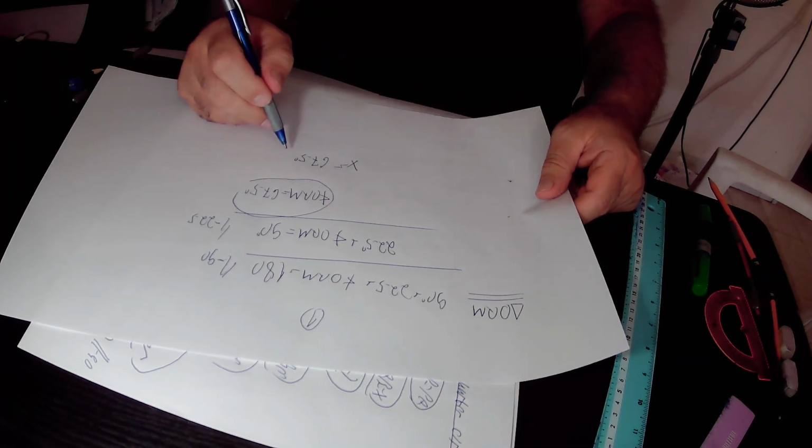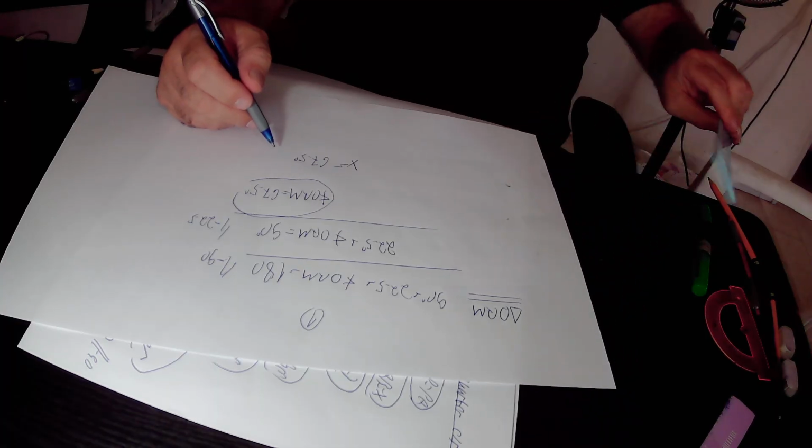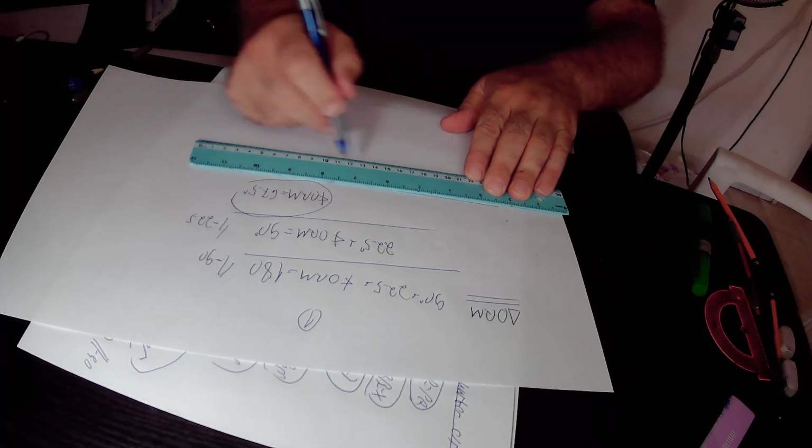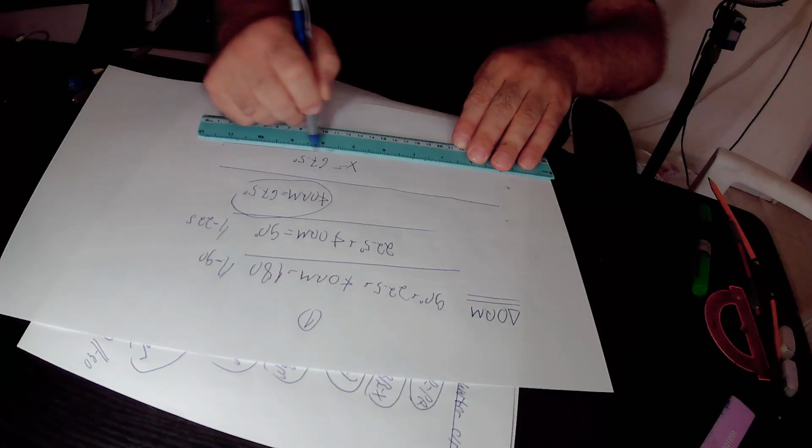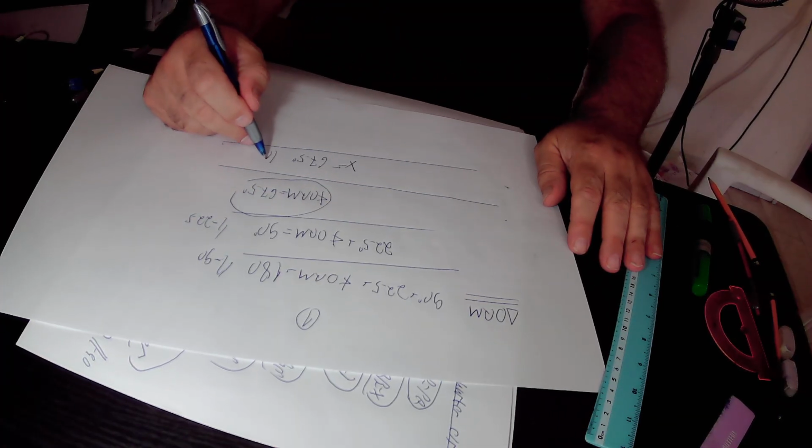X equals 67.5 degrees in its size, according to the rule that vertex angles are equal to each other.